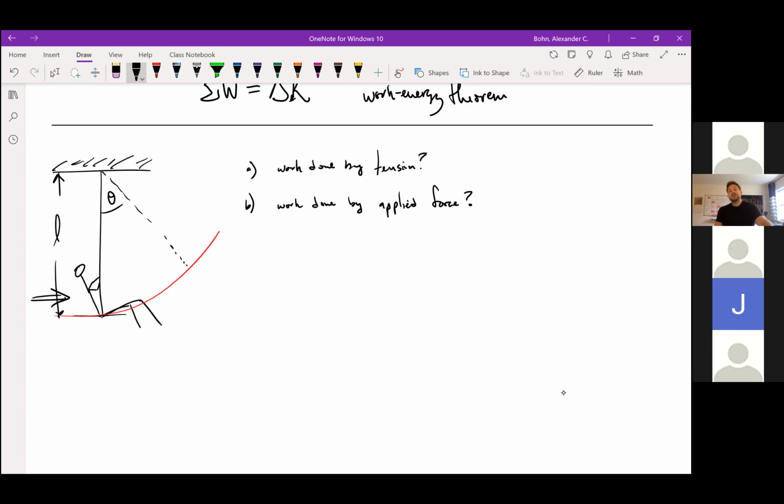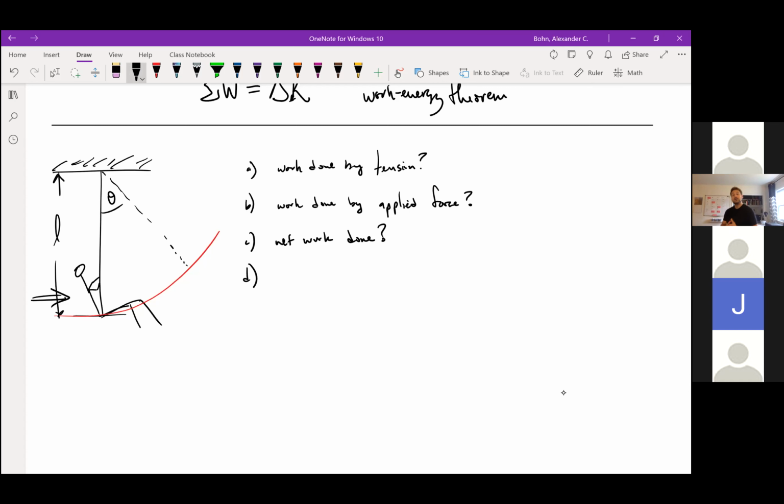How much work does the applied force do, moving us from one position to the other? Actually, I have 4 questions.